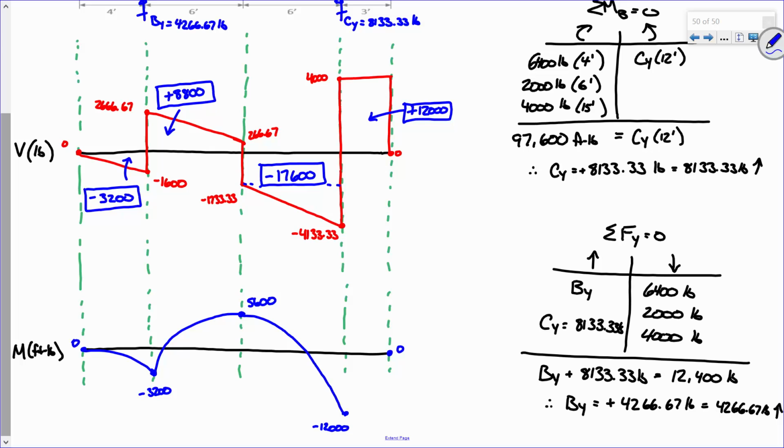About right there. Now, what about right here? Okay, constant shear, so it's a constant slope. Now the area is positive, right? So it's a positive slope. What does a line with a positive slope look like? It looks like this. Not like that. That's negative slope, right? So it looks like this. So, a straight line. And there you go.